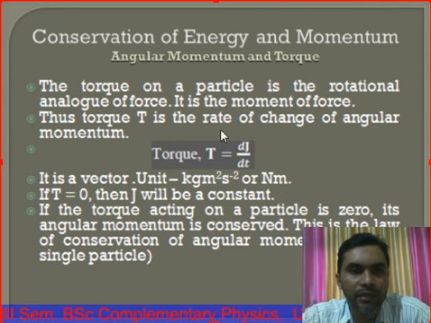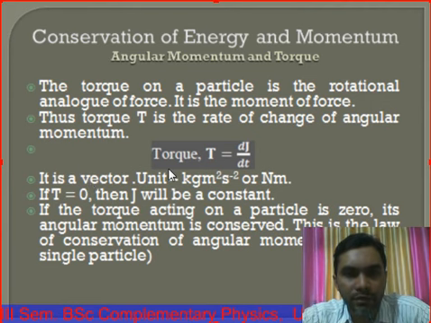Now this torque is also a vector quantity, and the unit of torque is the unit of angular momentum divided by second. So it is kilogram meter square per second square, and kilogram meter per second square is the Newton.